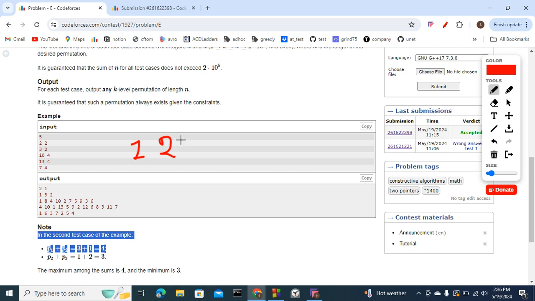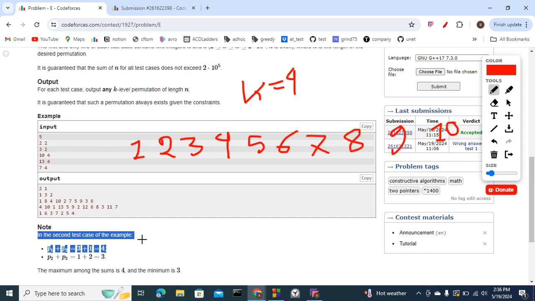If we again consider the same example, 1 2 3 4 5 6 7 8 9 10. As we have k equals 4, we will have the initial 4 elements. Now the number of steps for each initial element equals n divided by k, that means 10 divided by 4, which is 2.